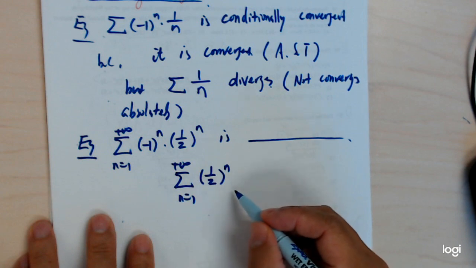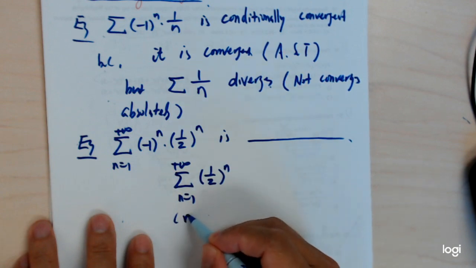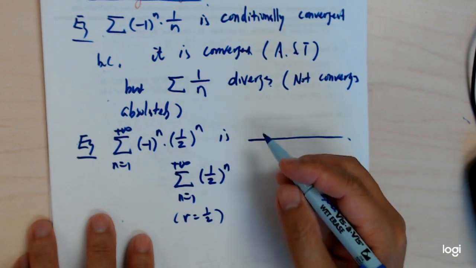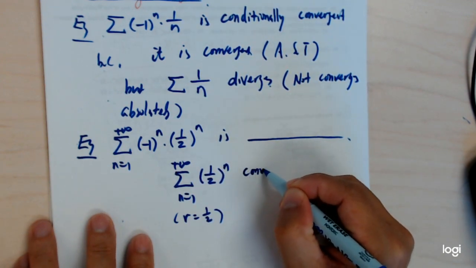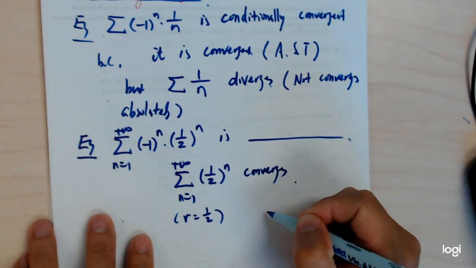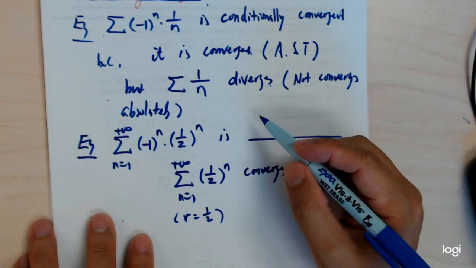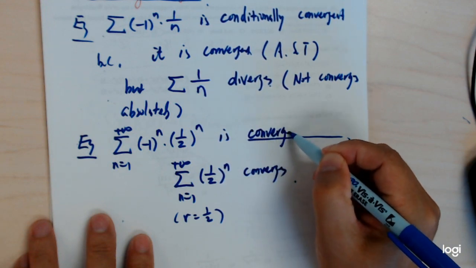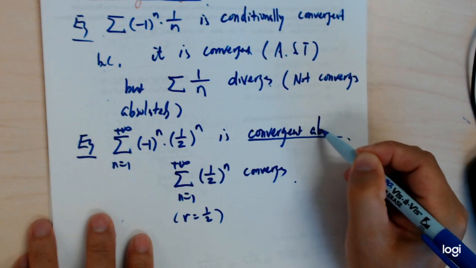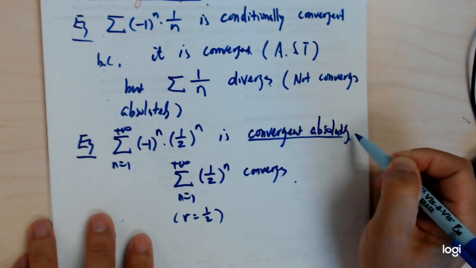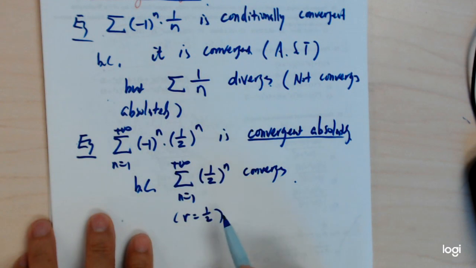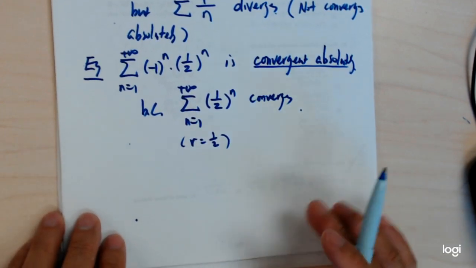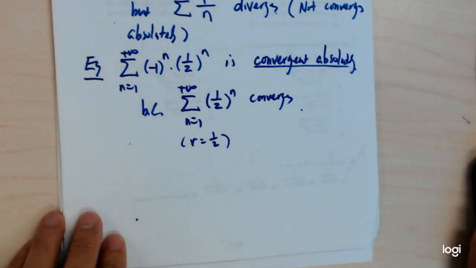And the common ratio, r, is one half, isn't it? r is 1/2. That's the ratio between two neighboring terms. So this one converges. And that's why we call this one absolutely convergent, because the absolute value series converges. Here's another example.